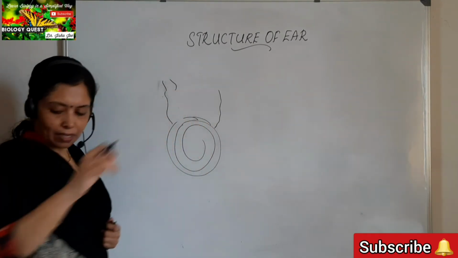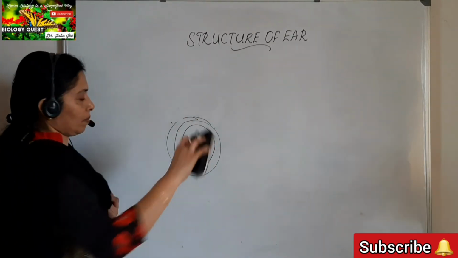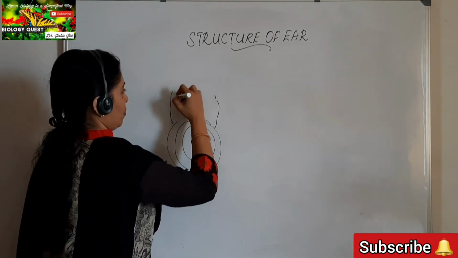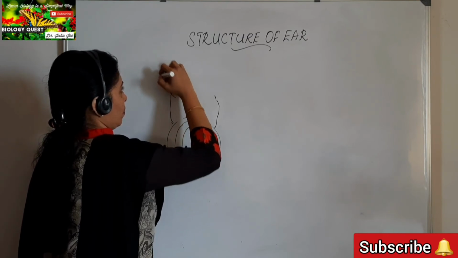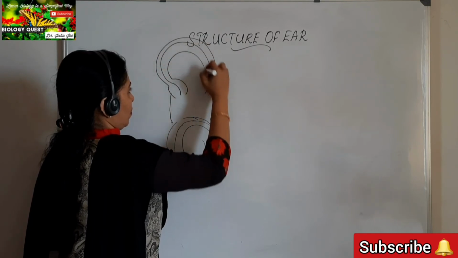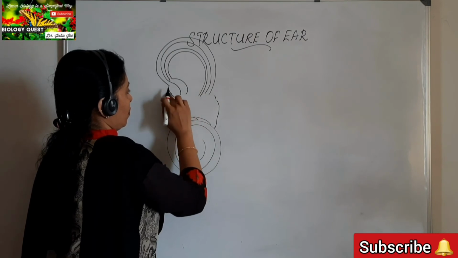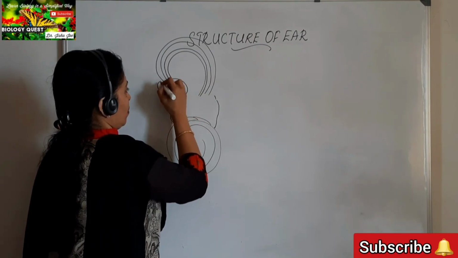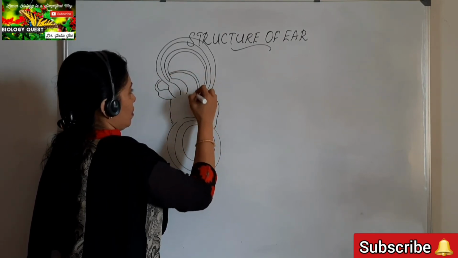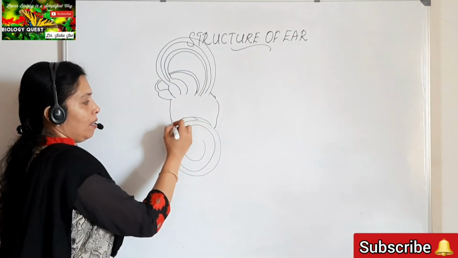So, just drawing it. See, there is a stem there which connects the semicircular canal with the cochlea.